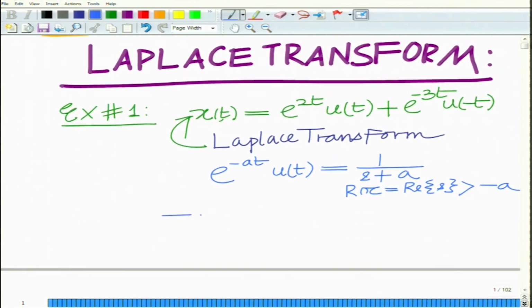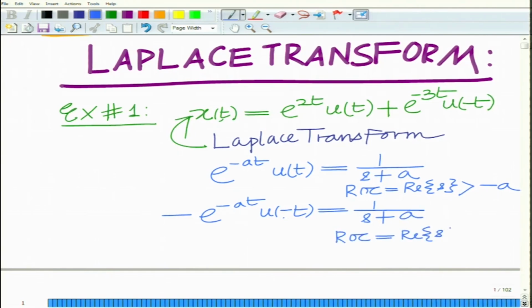The Laplace transform of minus e raised to minus a t u(minus t) is also 1 over s plus a, but the ROC is real part of s less than minus a.